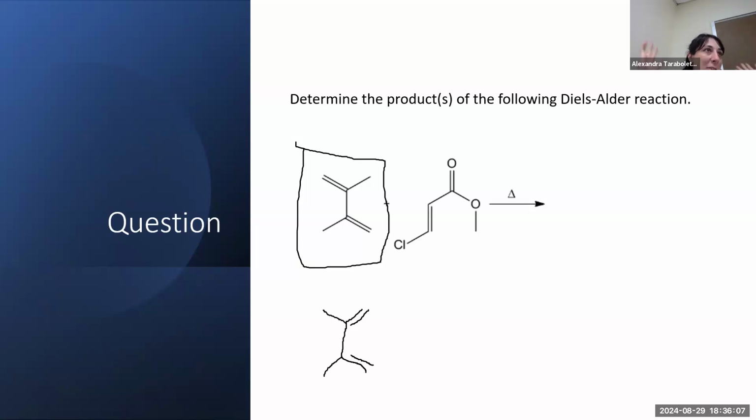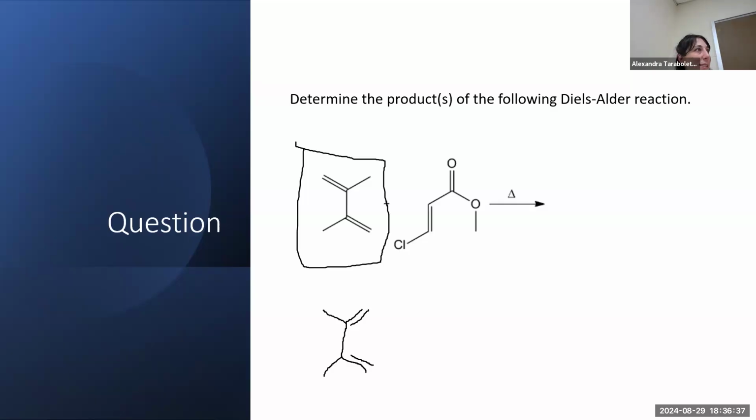Now, we know that the other thing has to be the dienophile, right? But I want you to tell me specifically what part of this molecule is actually going to be involved in this ring formation. Is it the double bond to the oxygen?